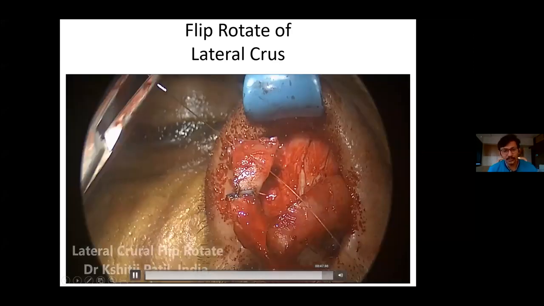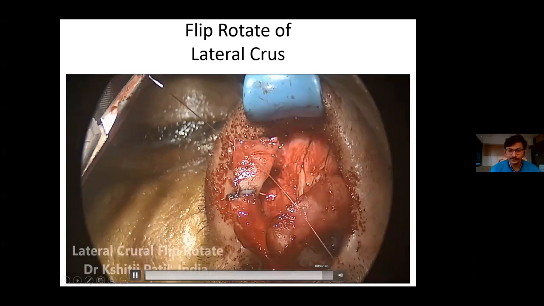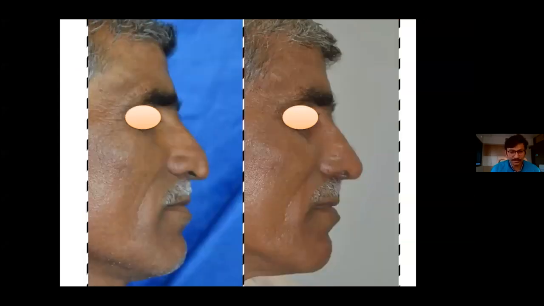So here he was. We did not do any osteotomy for this patient. We could also control the tip rotation very well.